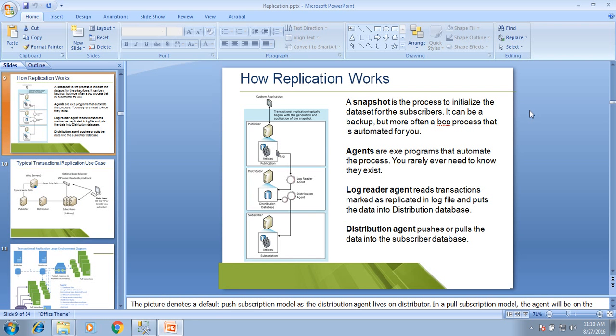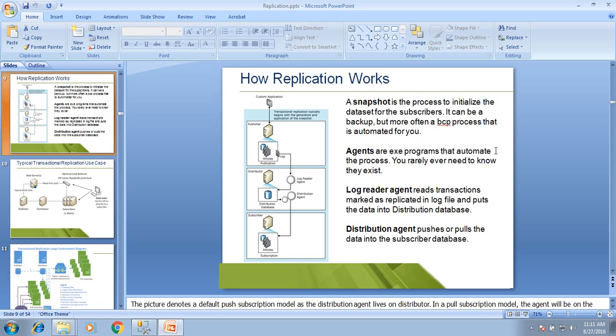It could be a backup, but more often a BCP process that is automated for you. A snapshot is the initial dataset of the database that was taken at the initial stage of the publishing. When someone subscribes to the publisher, that snapshot will then be replicated to the subscriber's server through the distributor.